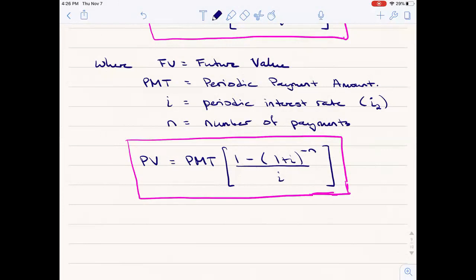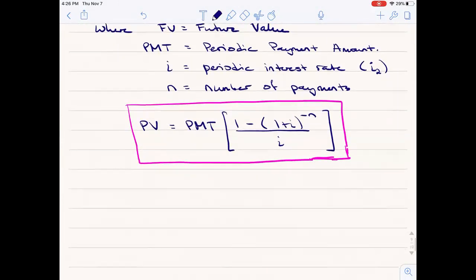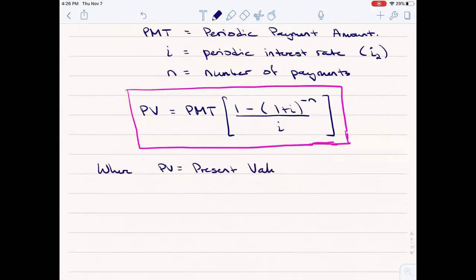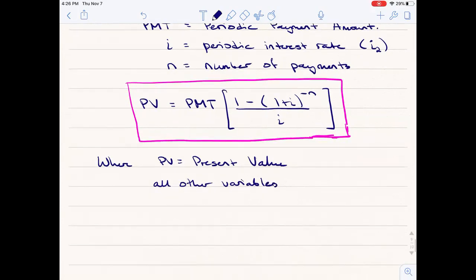We have the same variables, where PV is the present value, and all other variables are the same as above.